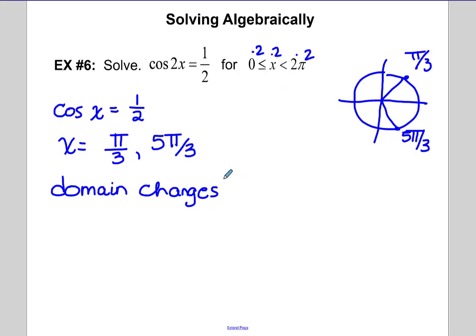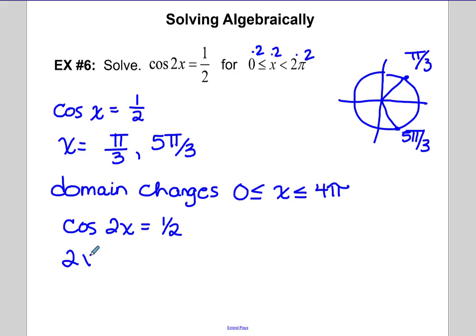So if I double that angle, my domain is going to change from 0 to 4 pi. So when we think about solving this problem for a double angle, it's going to be a half when the double angle is pi over 3, or the double angle is 5 pi over 3.